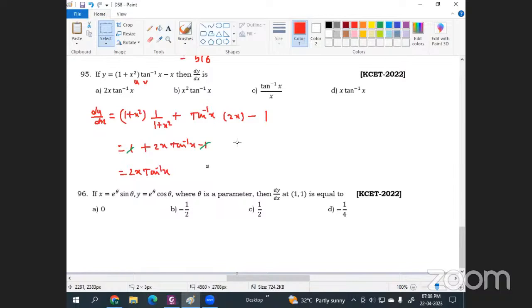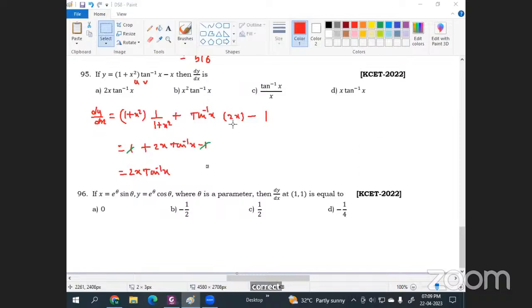What answer did you get? Anybody else? You can drop a message. Bhagyashree, which answer have you given? Okay, the previous answers you have given. Good, correct. Sneha, Bhagyashree, Pratik, Nagashree.